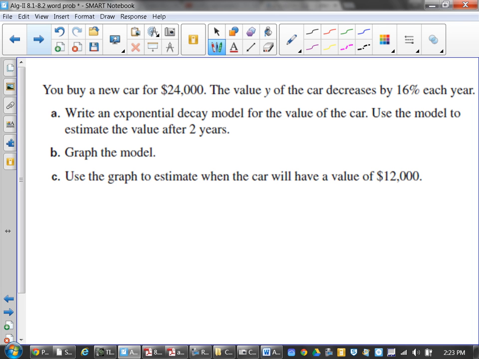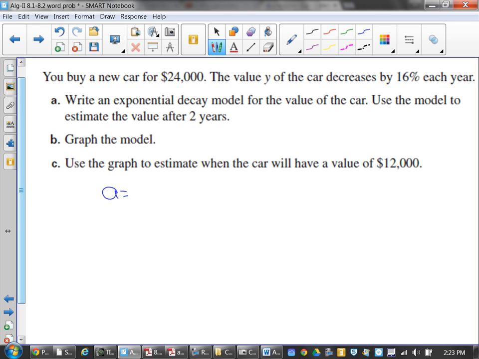Right? Yeah. So, a really easy one to work with is you're buying a car for 24 grand, and they say that it depreciates at 16%. Write out the model and figure out what it's worth after 2 years. So when I'm writing out the model here, that means, well, what's your initial amount? So your initial amount is 24,000.